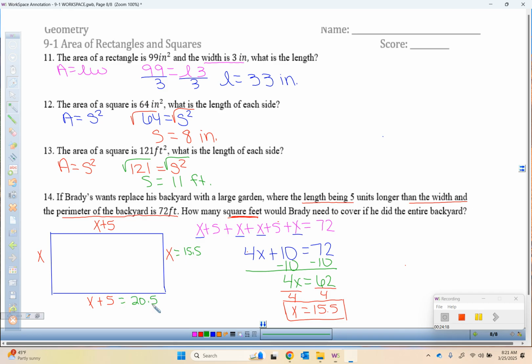Now can I find my area? Area is length times width, or base times height. So this would be 20.5 times 15.5. Let's put it in our calculators and see what we get.